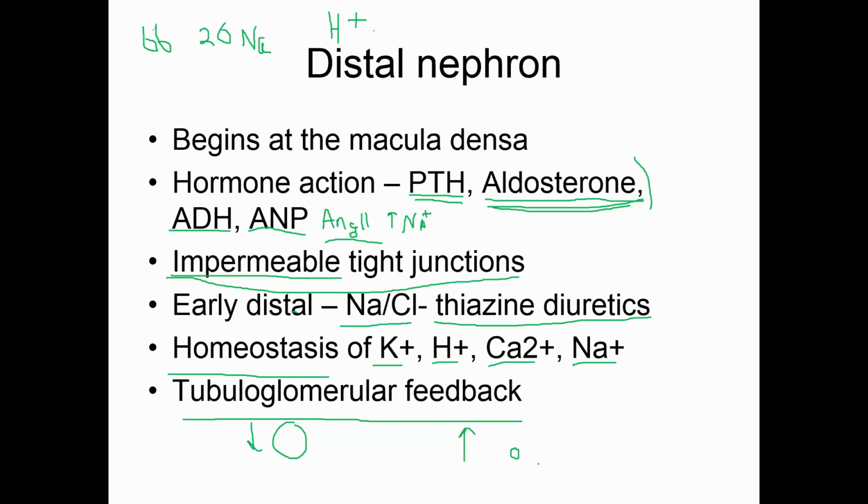So a really big important hormone system that we talk about in the kidneys is the renin, aldosterone, angiotensin system, and that's what we'll spend the rest of our time on.